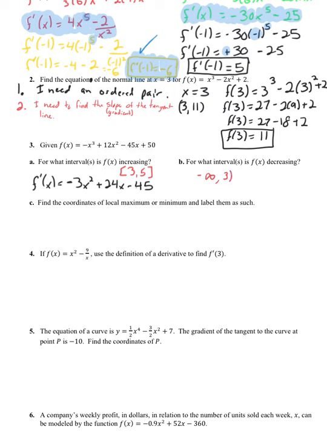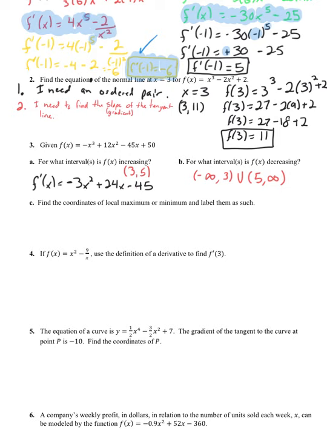Yeah, that's good, and good use of the union and everything. And 5 to infinity. When we say decreasing or increasing, we'll want to use parentheses for 3 to 5, because at 3 it's actually 0, it's not increasing or decreasing at 3, and at 5 it's 0.